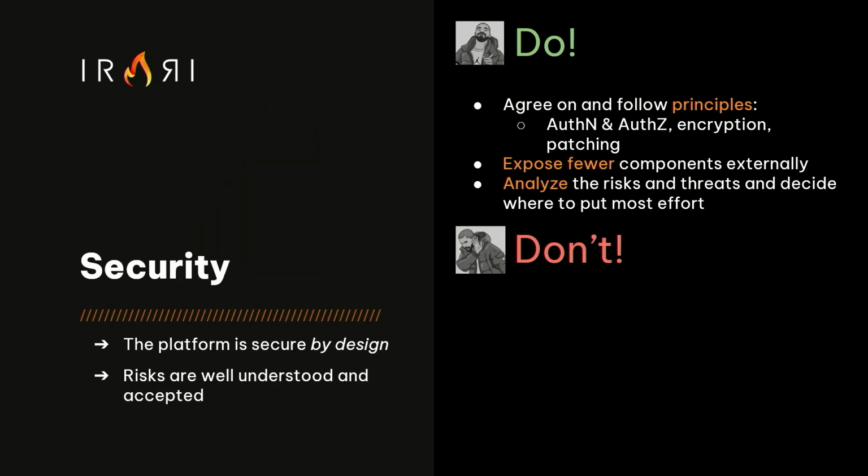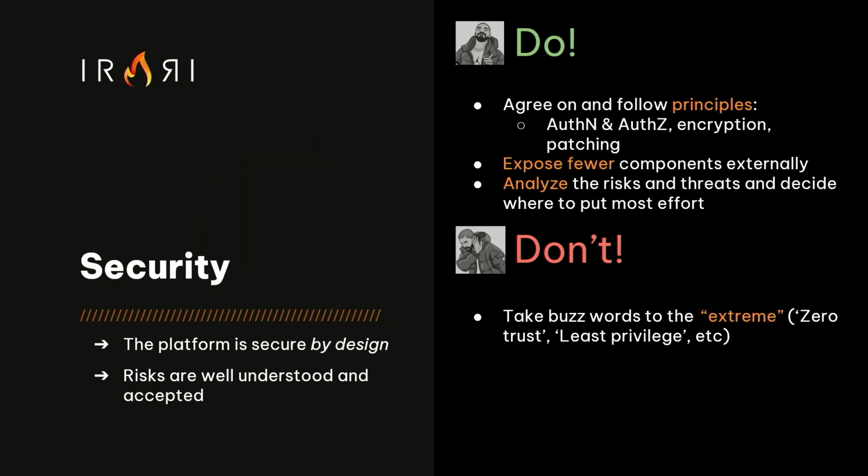So what should we avoid when it comes to security? Well, we talked a bit previously about zero trust, least privileges, and those kind of things, which are really good things, but for me they are more an intent, a way to go.